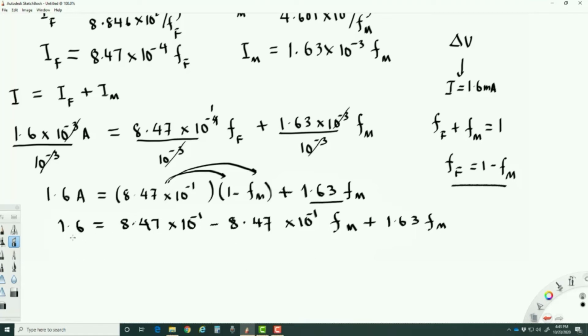So then you subtract this from that, so you take this to the left and then subtract from 1.6.